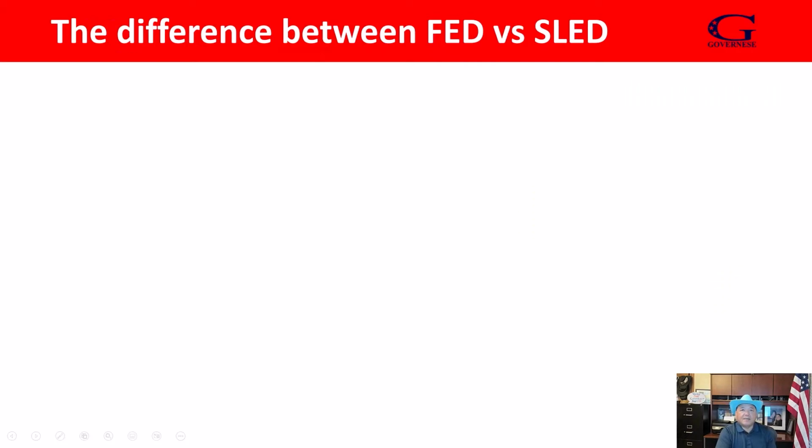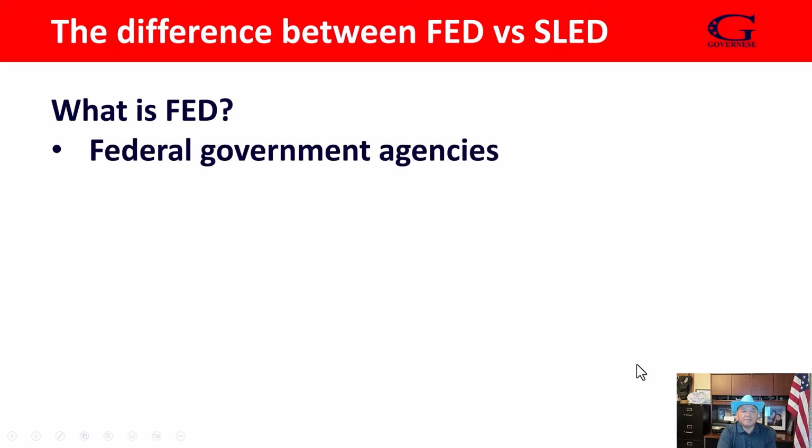There are different types of opportunities out there if you're interested in the government market. But part of it, you have to understand what is Fed and what is SLED. Now you're thinking, what do you mean by Fed versus SLED, Abe? Well, Fed stands for the federal government agencies. When you're selling to government agencies, Fed means you're trying to sell to federal agencies.